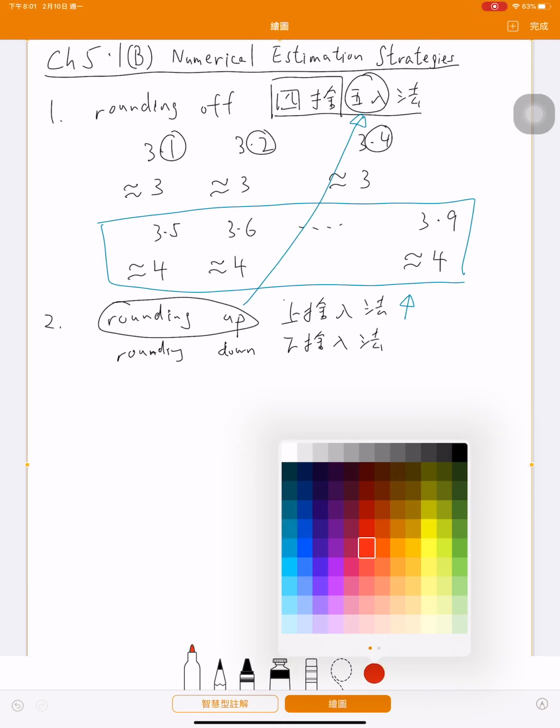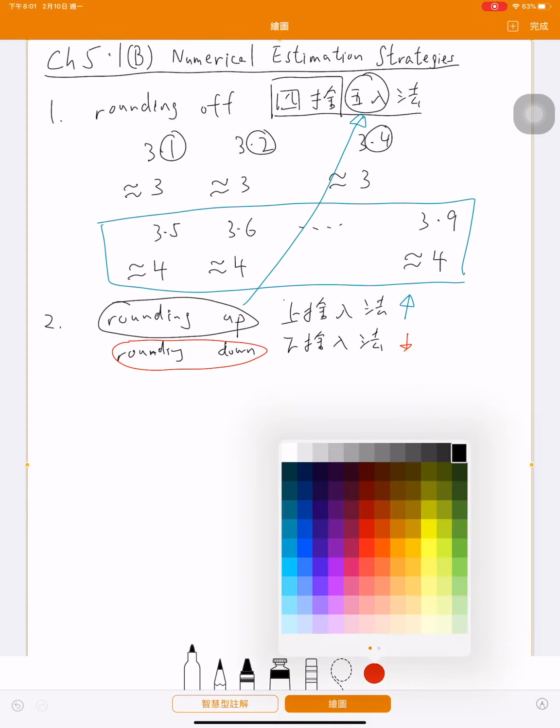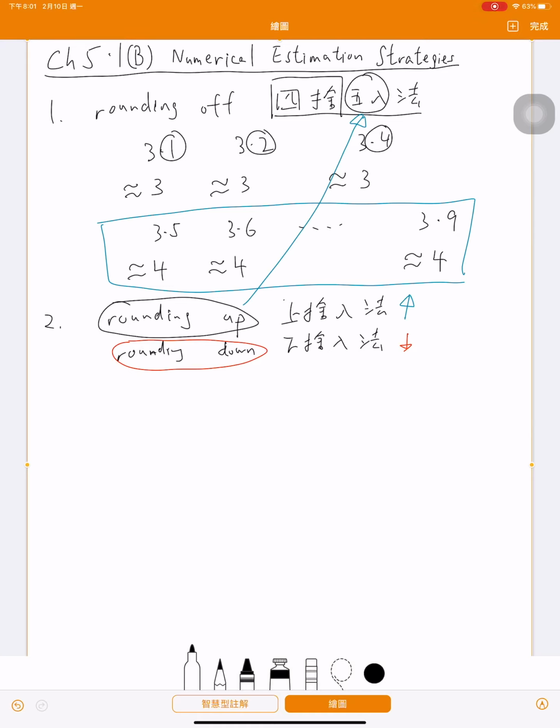For the other side, there is rounding down. You always decrease, or we may say delete all the remaining part. So what does it mean? For example, when we talk about rounding up 3.1, we may say 3.1 will equal 4, because although the number here is 1, not greater than or equal to 5, when I'm using rounding up, the number must be increased.